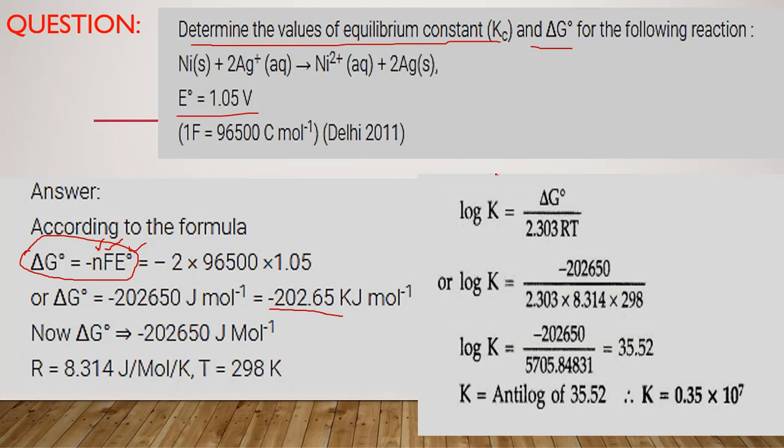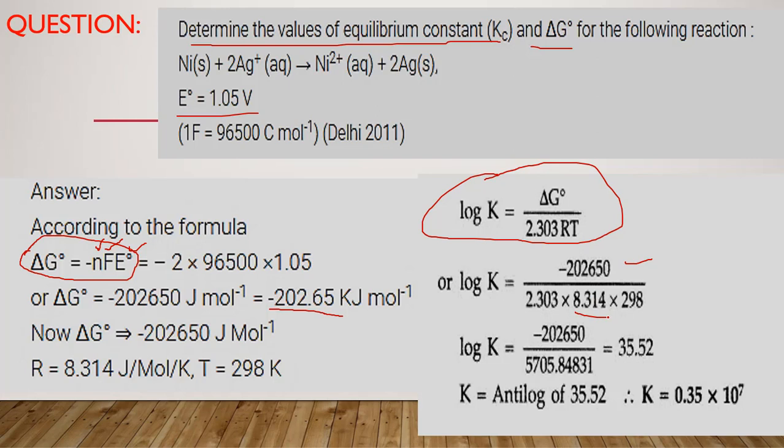Then next, equilibrium constant Kc you have to calculate. This is the formula for Kc, log Kc equal delta G naught upon 2.303 RT. So just put those values here, log K as it is, delta G naught already we calculated. It is in kilojoules, so convert it into joules. 2.303 as it is, R value 8.314.